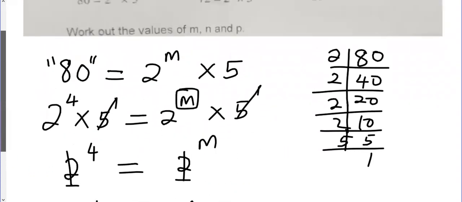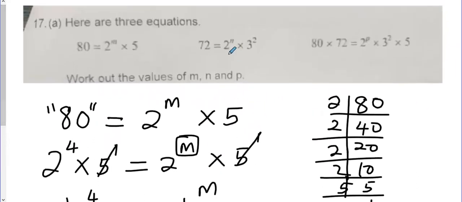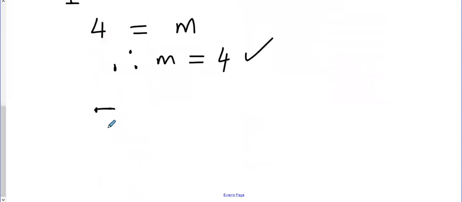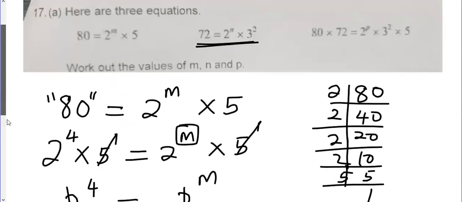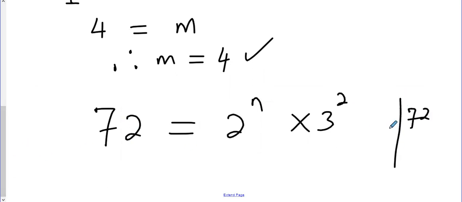All right, then we do this equation here: 72 equals 2 to the power of n times 3 to the power of 2. You do the same thing: take 72, do prime factorization.